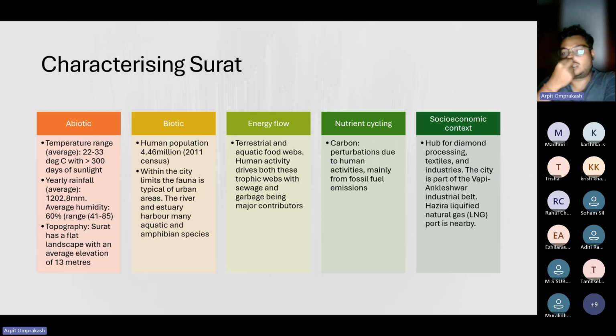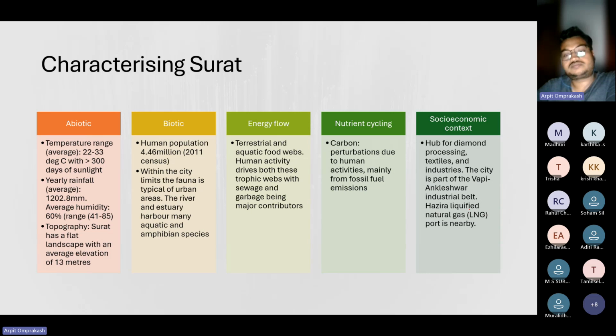Sewage water that is let into the river leads to a higher amount of nutrients in the river, which feed into the aquatic food webs. The garbage that we throw away is taken up by terrestrial organisms such as rats, eagles, and so on, which feed on our garbage, and that contributes to the terrestrial food webs.